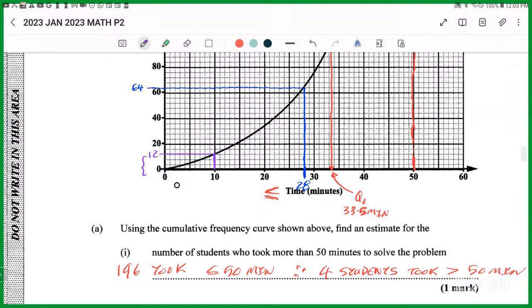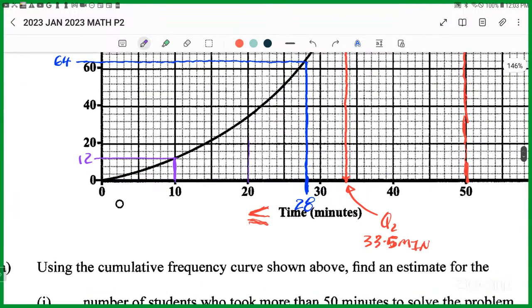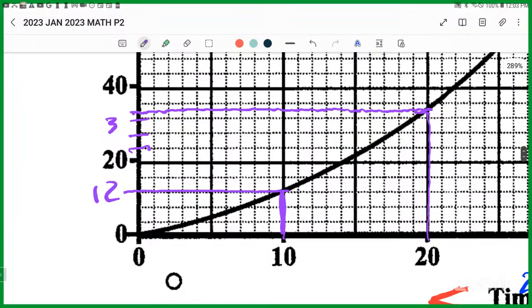12. Now you want to know what 20 corresponds to. If you look at 20 and go up on the graph, it looks like right in between these two points. Let's see what this is. This is 20, 24, 28, 32.